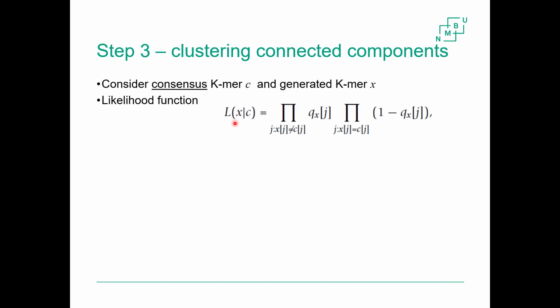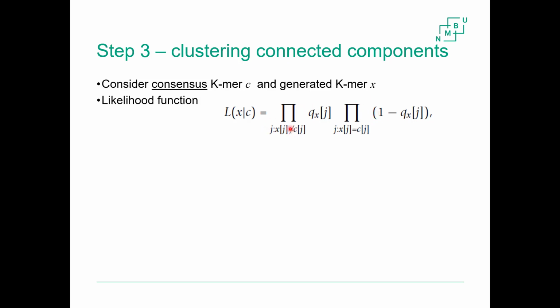And notice now, if this k-mer is equal to the consensus sequence, and the quality scores are very good, so this error probability is very, very small, then it's essentially 1 here. Then you multiply together 1 times 1 times 1 times 1, which is 1.